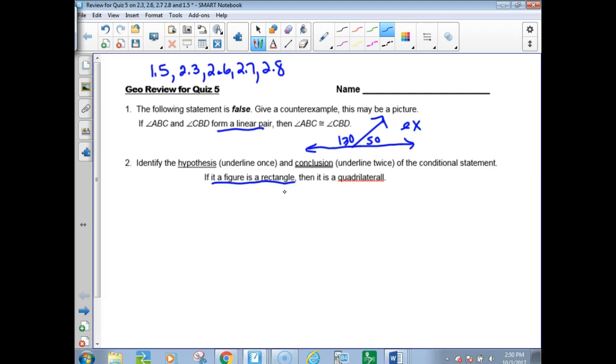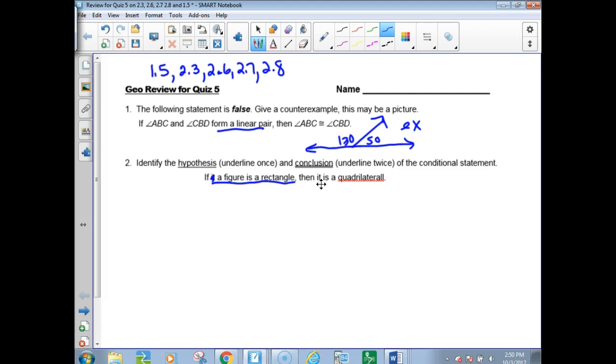If a figure is a rectangle, then it is a quadrilateral. I actually took and modified some questions from a different worksheet to make your review last night at 6 o'clock. But anyway, I just didn't see that extra word. I should have removed it. Now it makes more sense, right? I thought I took that extra L off of there.